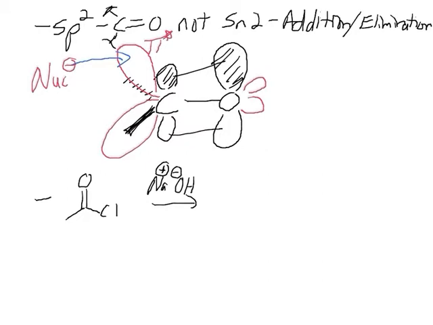We know it's not an SN2 reaction because the sigma star would be hard to get to, since the pi electrons would be in the way. So it's an addition, which is the first step. We're adding something in. Equilibrium arrow is important.